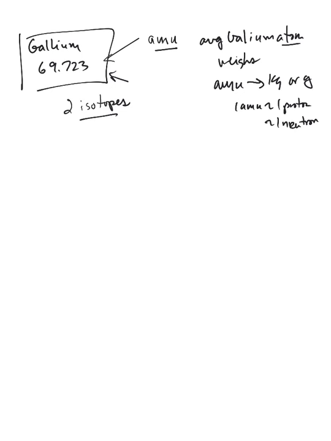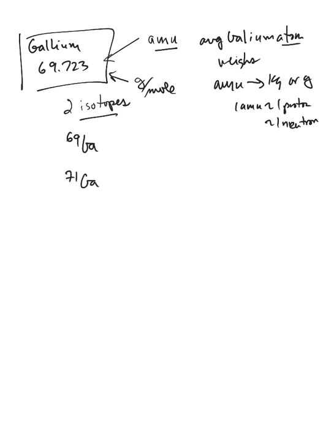The other thing is that the 69.723 is the grams per mole of gallium on Earth. So other planets might have different isotope distributions, but on Earth, if you take the two isotopes, you get that value. So basically, the two isotopes of gallium are called gallium 69 and gallium 71.